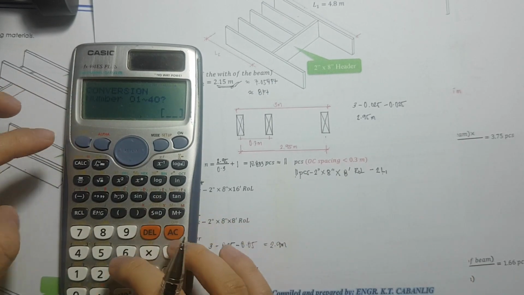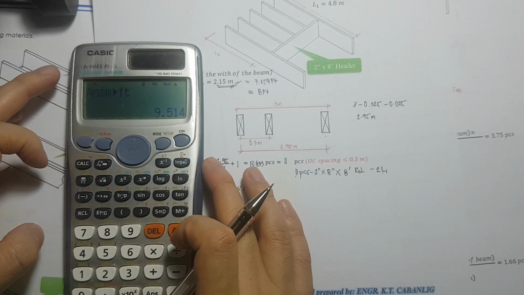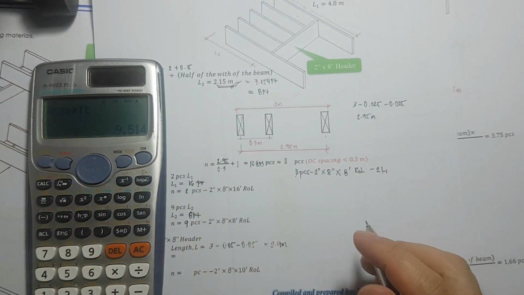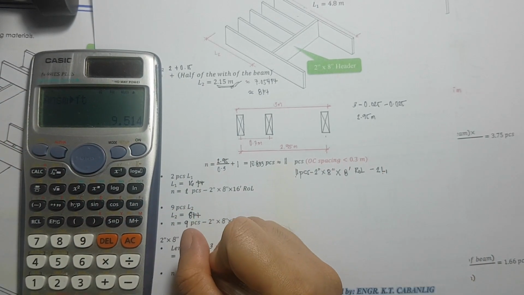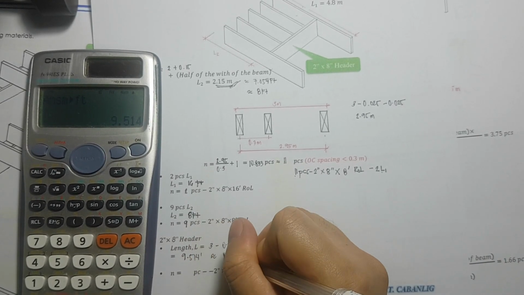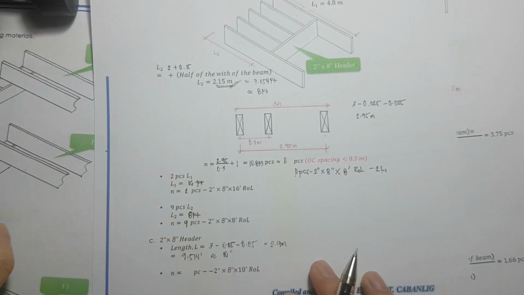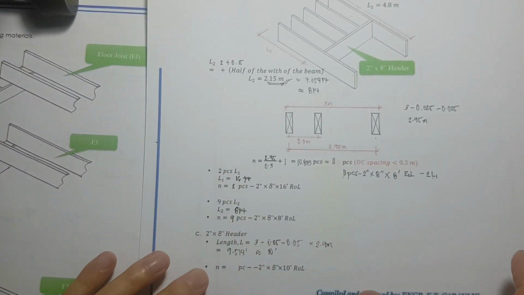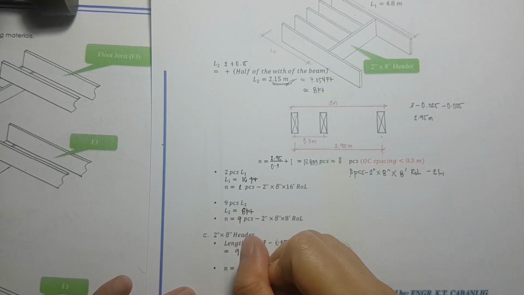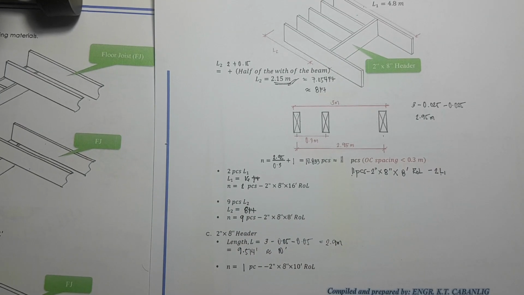And that is equivalent to 9.514 feet. And that is equivalent to 10 feet of lumber. Therefore, we only need to buy one piece of 2 by 8 by 10 rough lumber.